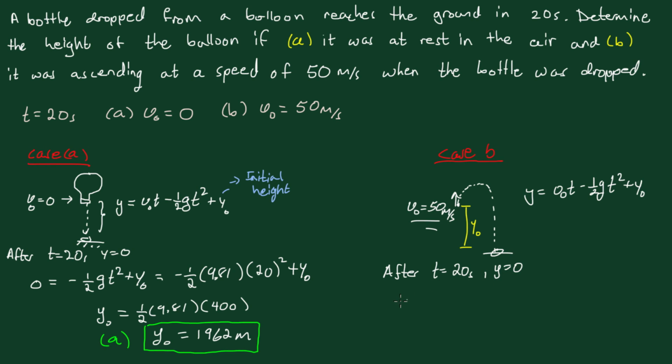If we plug this back in, we have 0 is equal to v0t minus 1/2 gt squared plus y0. We'll plug in the values for v0. That's 50 meters per second multiplied by the time t, which is 20 seconds, minus 1/2 of 9.81 multiplied by 20 seconds squared, so that's going to be 400 seconds squared.